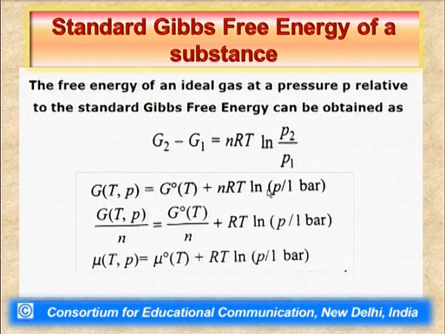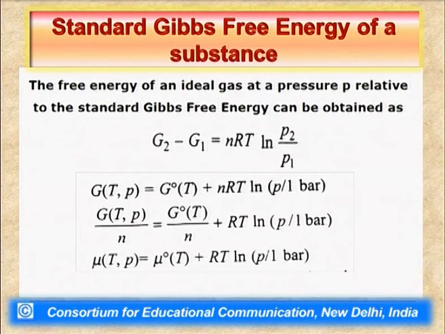So, G2 becomes G(T,P) and G1 becomes G standard (T), which is equal to nRT ln P2. Instead of P2 you can just write whatever the value of P is, and divide by P1, which is 1 bar, because we determine it relative to standard pressure. Taking G standard T to the right side, G(T,P) equals G standard T plus nRT ln P by 1 bar.